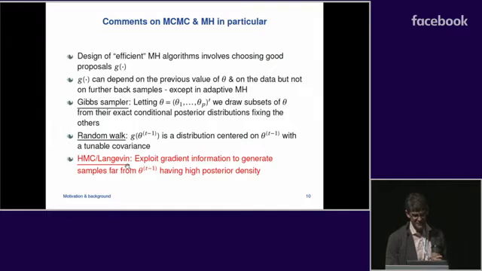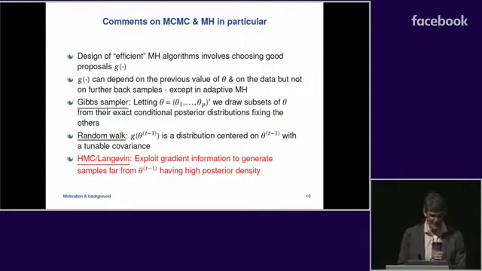Some more fancy things that people have been using in recent years are Hamiltonian Monte Carlo or Langevin algorithms. They try to design a really good G by exploiting gradient information, so that we can get a really good draw that is far from the current draw.